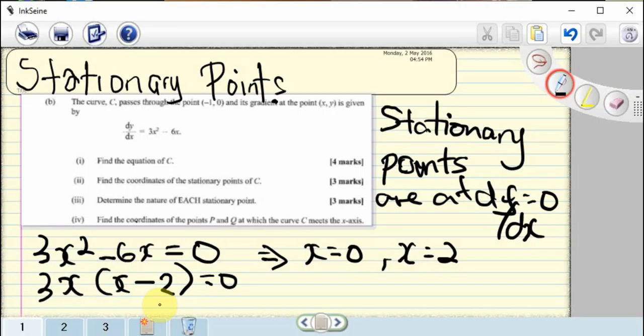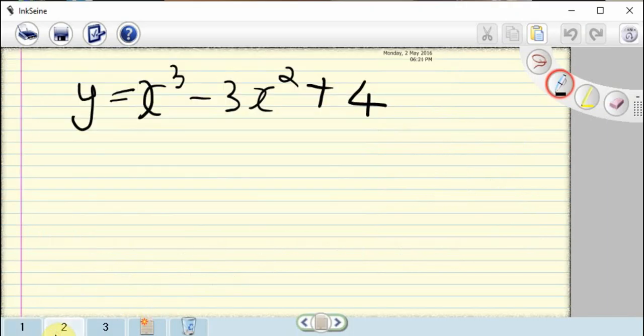We already found the equation in the previous video where we integrated. So let us use the equation. So this was our equation. The values of x we're looking at are x equals 0 and x is equal to 2.